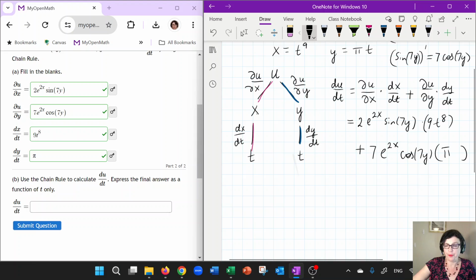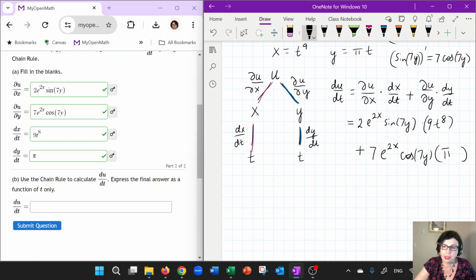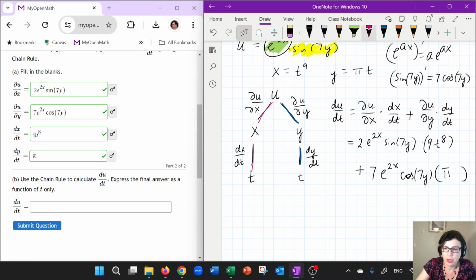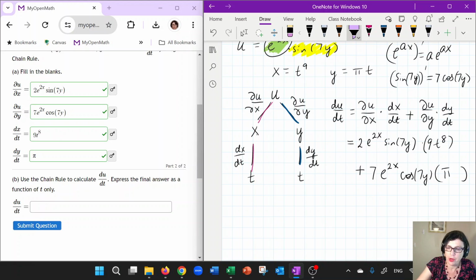Okay, so if that was it, we would be done. But we're not done because we do have a mix. We have x and y and also t, and we want the final answer to only have t. So what are we going to do? Unless your teacher wants you to simplify. If your teacher says you don't have to simplify, then you don't. So everywhere you see x, you change it to t to the 9.